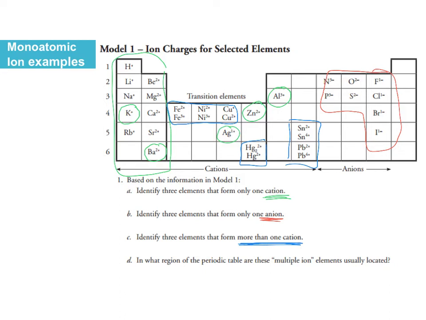And if I were to talk about all of these transition metals, really zinc and silver are the only transition metals that form singular ions. Almost all of them form multiple. So your transition metals are weird. They generally speaking have more than one ion option.